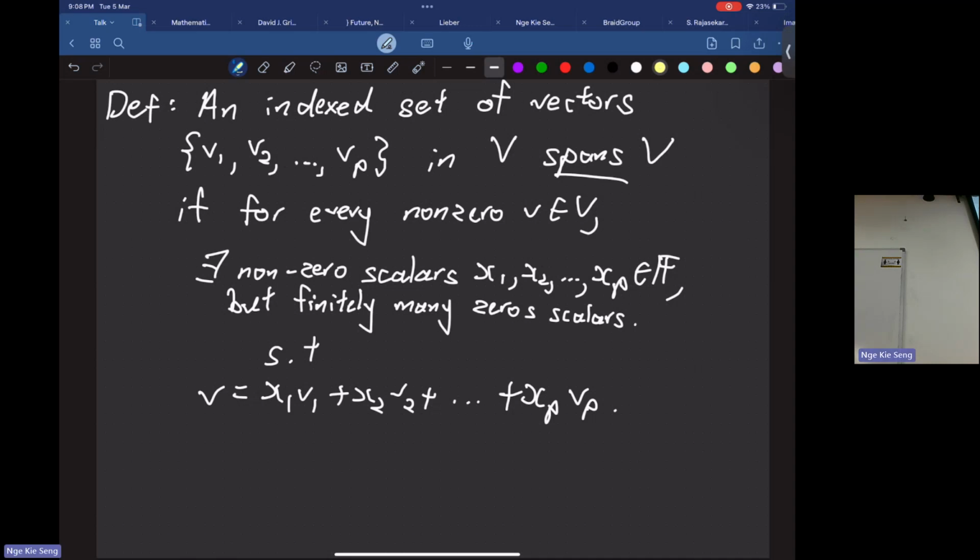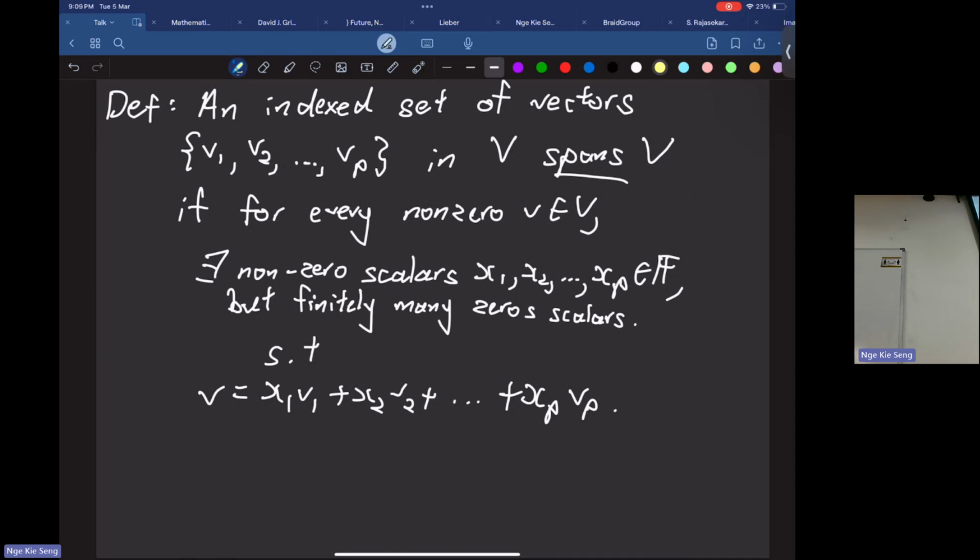It could be that all of them are non-zero, or that finitely many of them are zero. But if all of them are zero, wait, something is wrong here again. I need to fix this phrase. What I meant is you don't necessarily need all the V_i to express your V using scalar multiplication and vector addition.